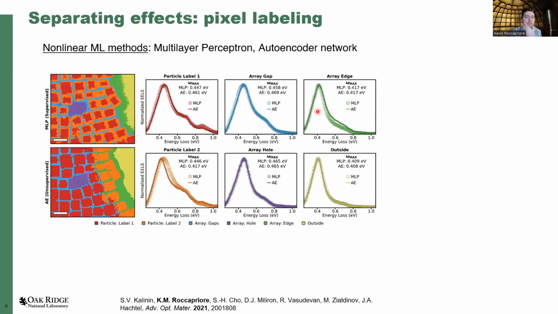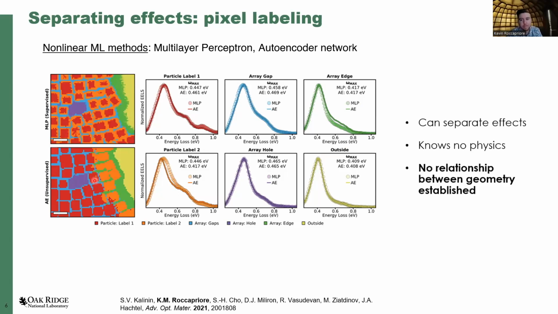There are other ways. I'll briefly mention the multi-layer perceptron and autoencoders, which we will actually use a version of. But again, there's no relationship. This might be helpful for separating out responses and where they are in space, but again, no relationship to geometry or local geometry.